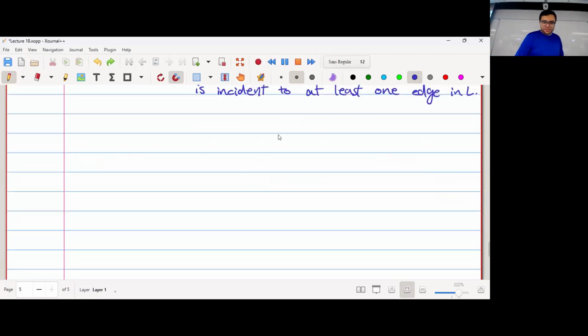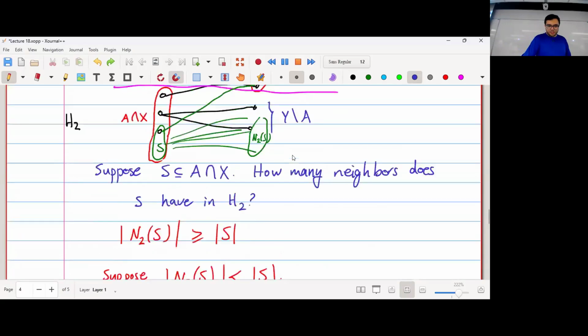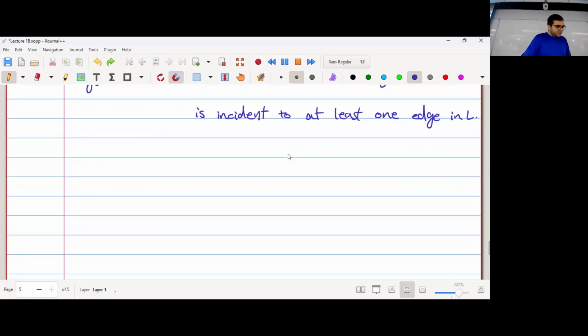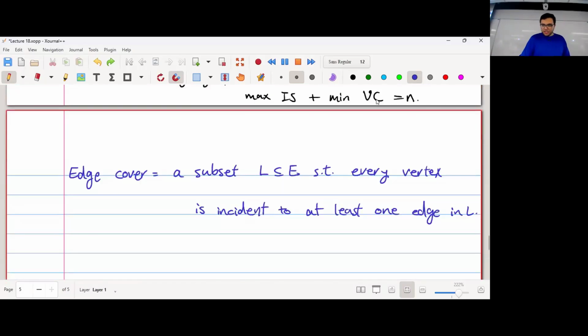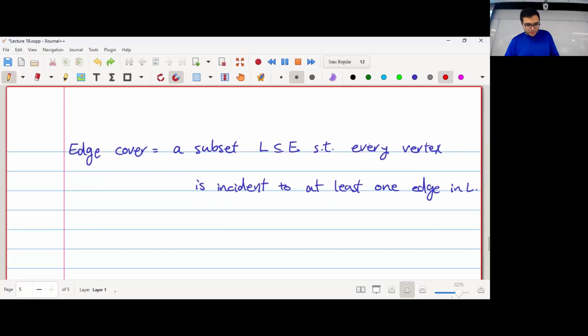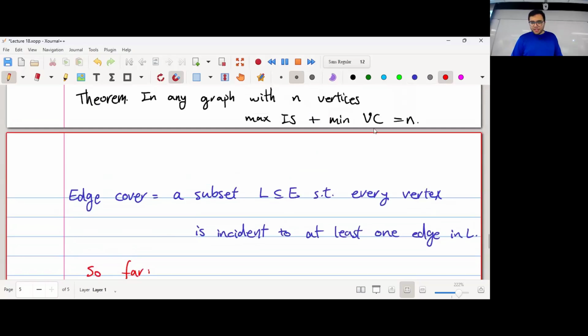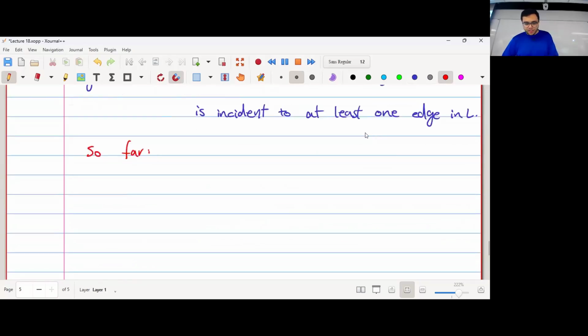What are the results we've had so far about all of these four? We know that maximum independent set plus minimum vertex cover is n. And this is for all graphs.